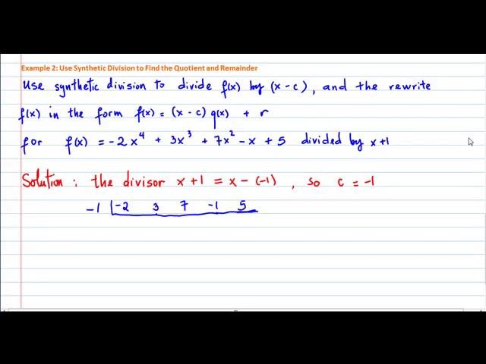In this example, we're going to use synthetic division to find the quotient and the remainder.